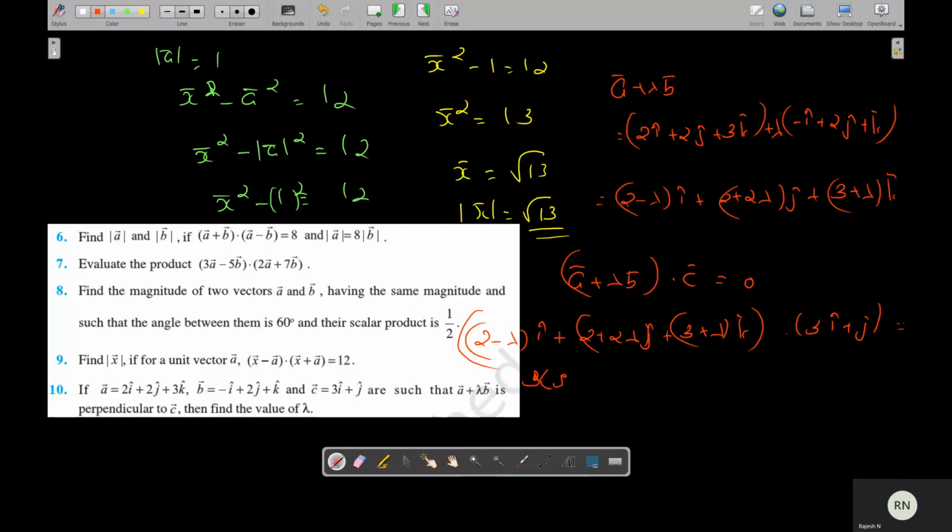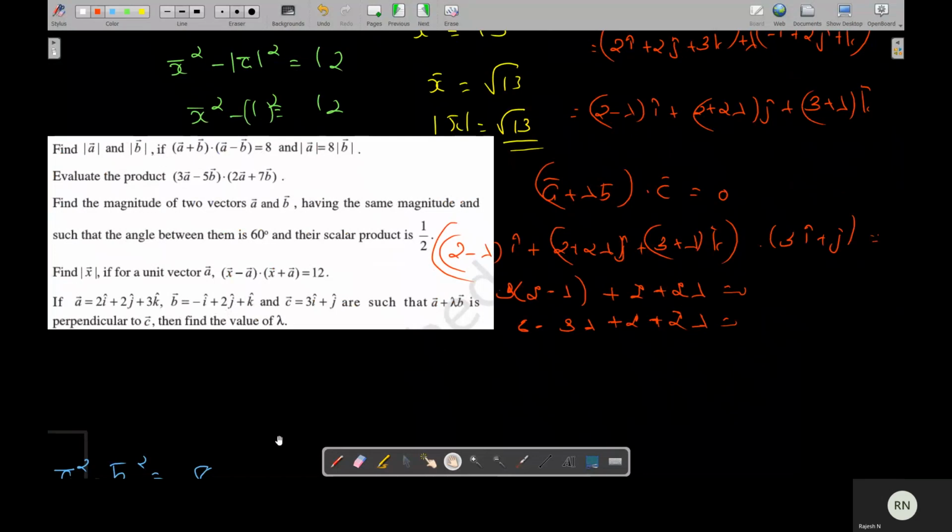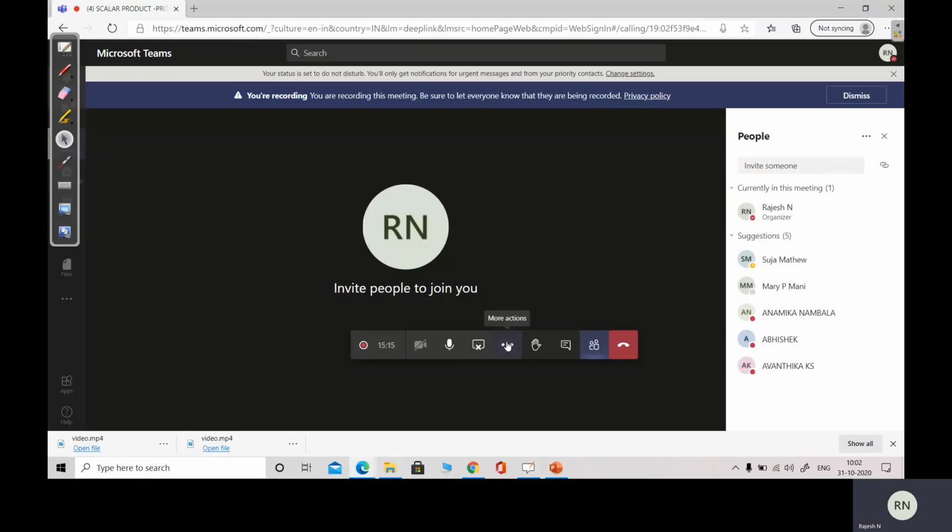So 3 into (2 minus lambda) plus 2 lambda is equal to 0. So what you will get? 8 minus lambda is equal to 0. So lambda is equal to 8.